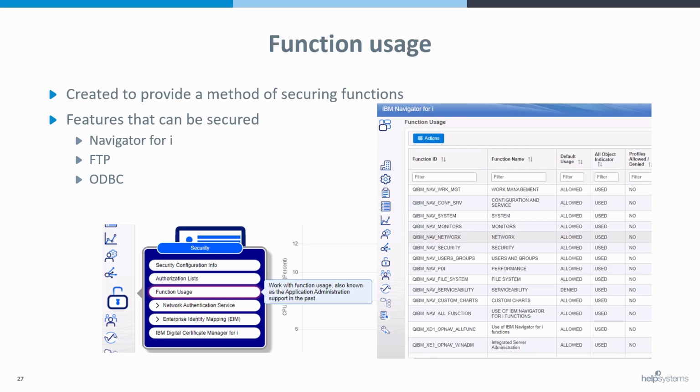But you can secure ODBC access also through function usage. Another change that's coming is that the Navigator options were all allowed by default. After the PTFs in April, that's now being changed to a deny by default, and you must go in and grant access individually.